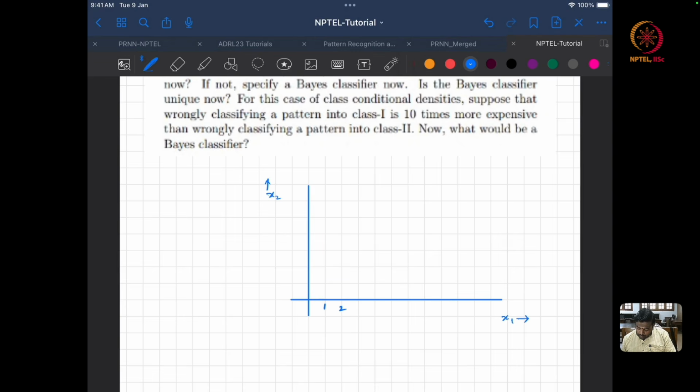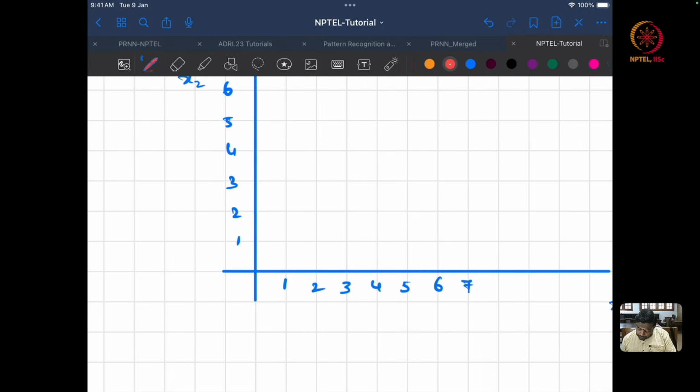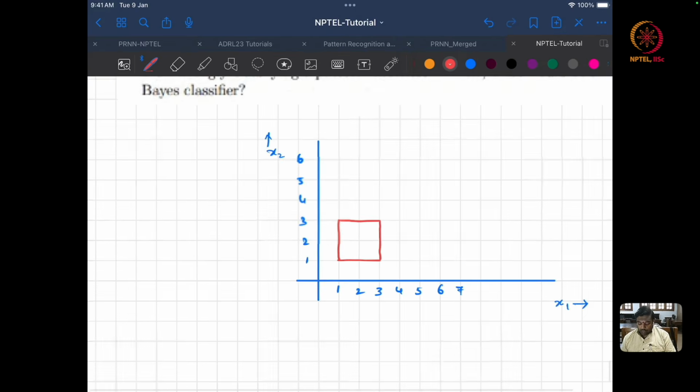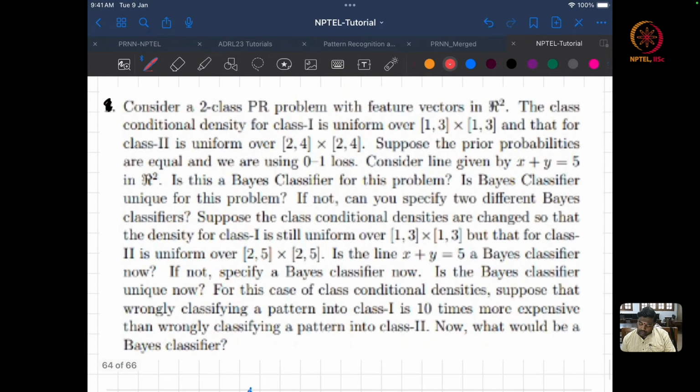This is 1, 2, 3, 4, 5, 6, 7. 1, 2, 3, 4, 5, 6. So over [1,3] x [1,3], this is one class. The points are uniform over this. This is class 1.